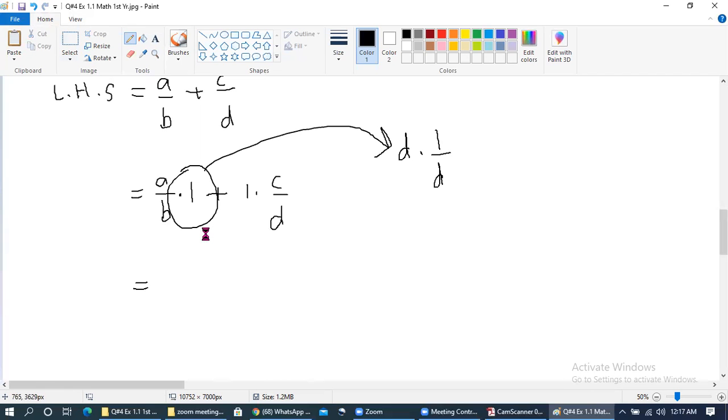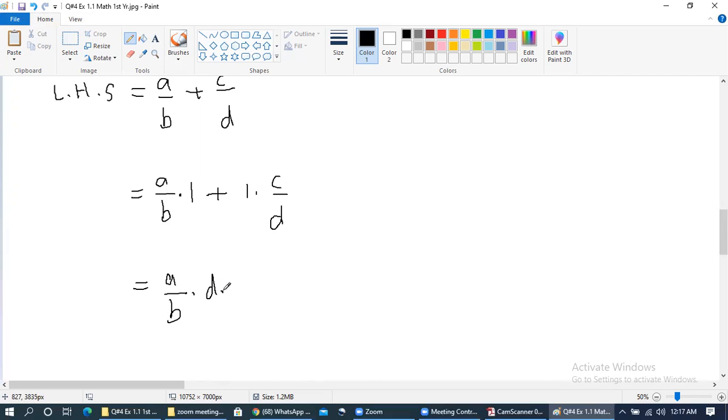So in this place, at the place of 1, we can write A by B, previous is written same, while 1 can be written as D multiplied by 1 by D. D multiplied to 1 by D, we have to keep it in the brackets because this whole is equal to 1. While the next will be again 1 multiplied by C by D.